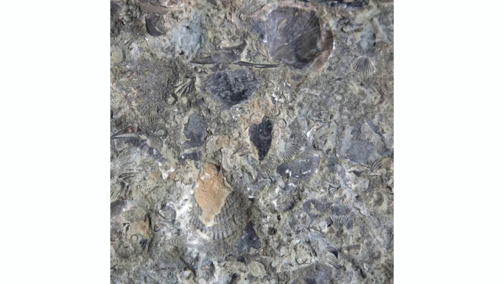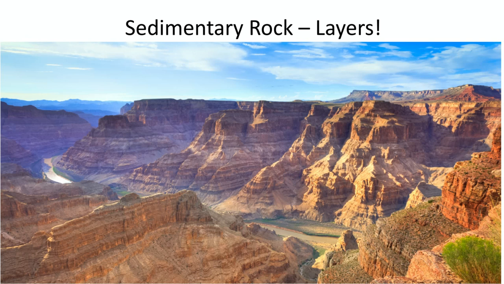All right. So anywhere where you see sedimentary rock, you are looking at layers and layers and layers. If you go to the Grand Canyon, you will see how the Colorado River has carved out. It actually has weathered and eroded away all kinds of rock, exposing all the different layers.